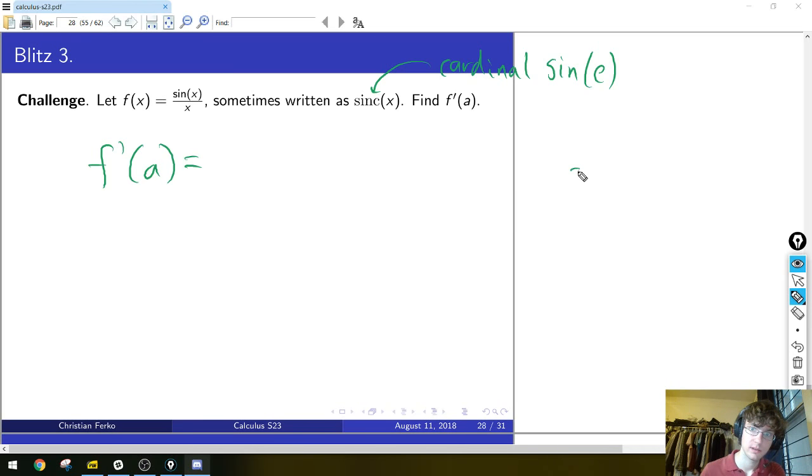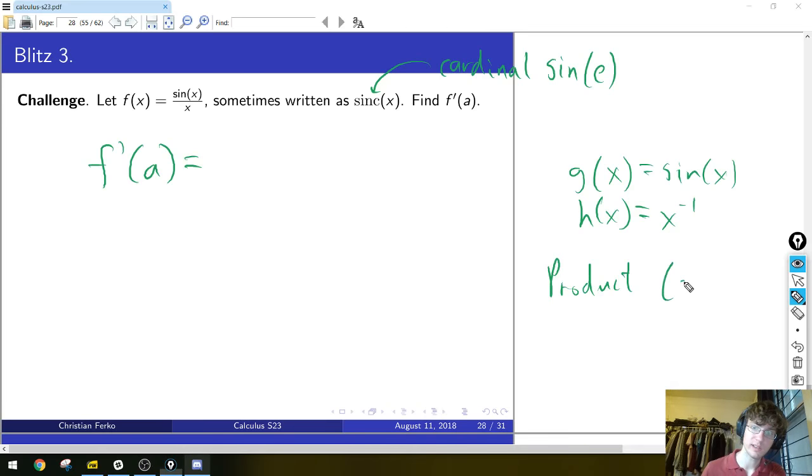Or is there a more efficient way? No, I mean, you could do it either way. So you're saying g of x is sine x, and h of x is x to the power minus 1, and then you're saying use the product rule on gh, which is totally legit. You can also use the quotient rule, and use upstairs is sine, downstairs is x, but they're exactly the same, so this is fine. What do we get from the product rule then?